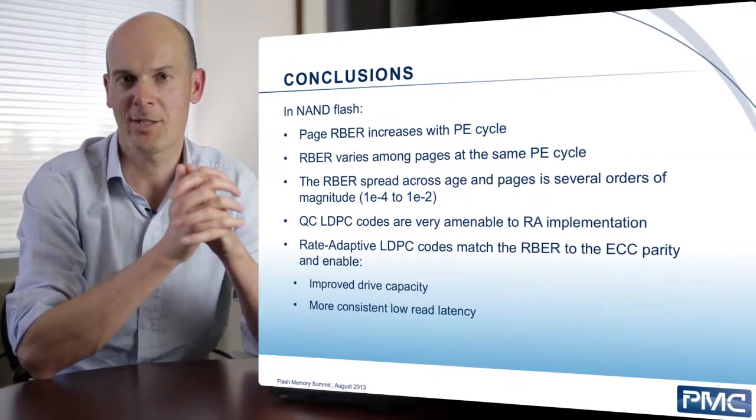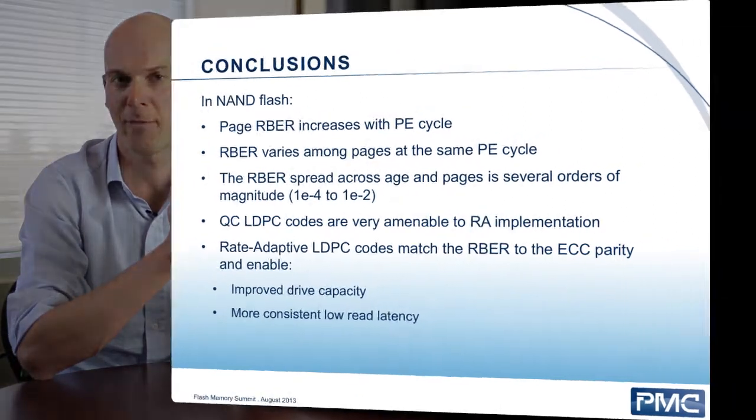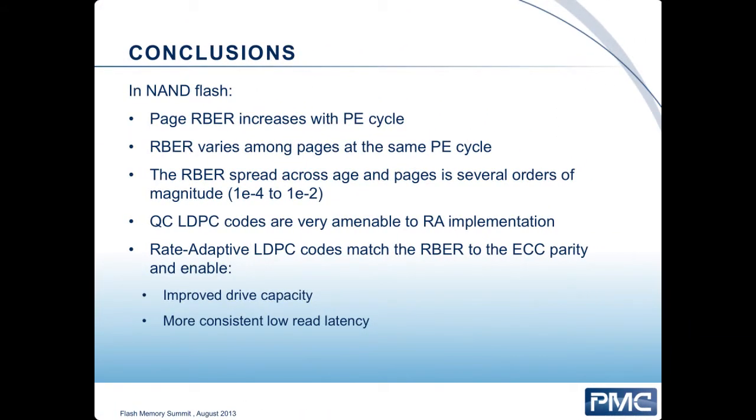So I'd like to conclude by saying that in NAND flash today, we can see a very different behavior at the beginning of life than we do at the end of life. And applying a consistent or common error correction scheme across all different manufacturers of flash at all points during the life of a solid-state drive is very inefficient and does not maximize user experience and does not minimize cost per gigabyte.